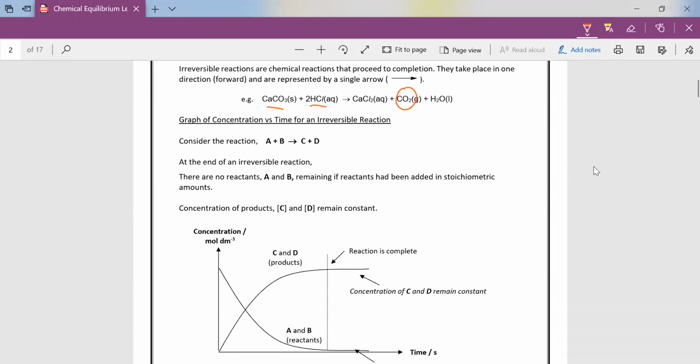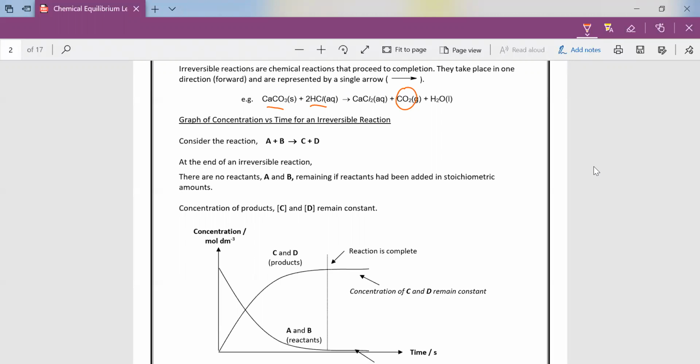Let's also look at this graph of concentration versus time for an irreversible reaction. Consider this reaction: A plus B to give you C plus D. At the end of this irreversible reaction, there's no more reactants A and B, of course if they are added in stoichiometric amounts.